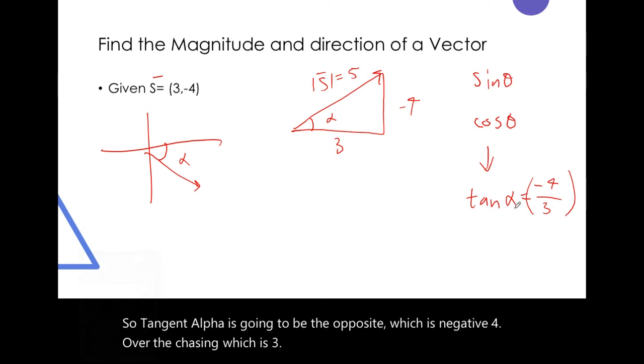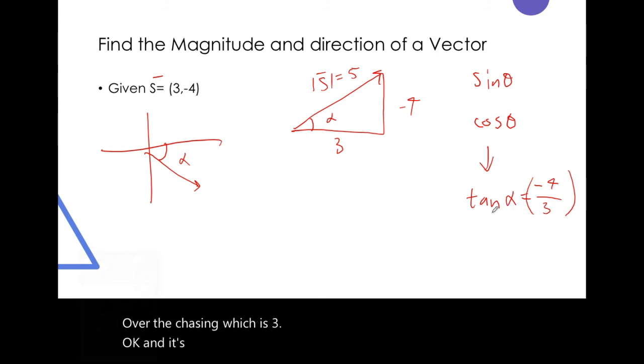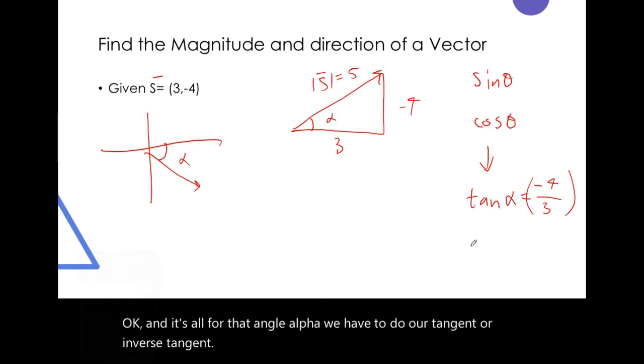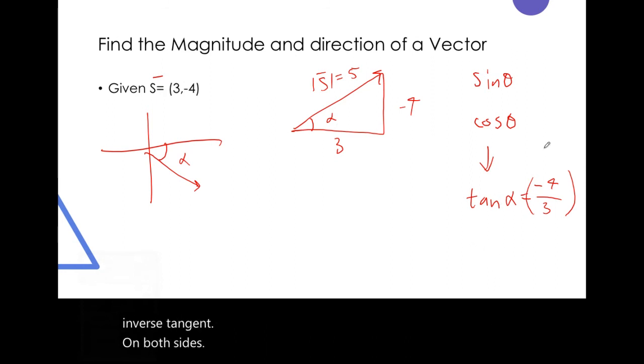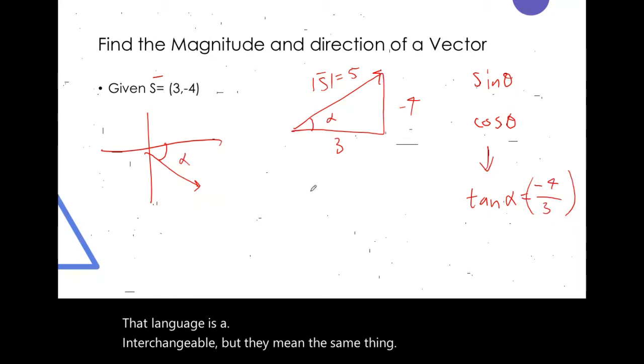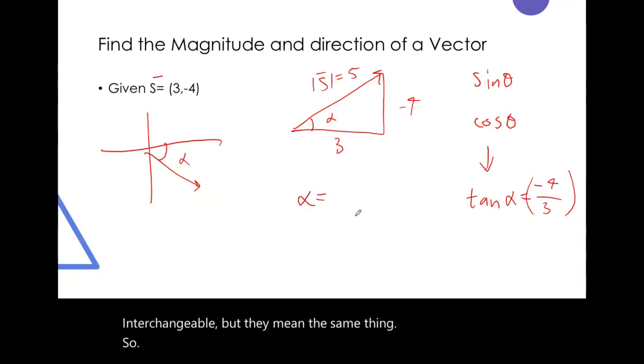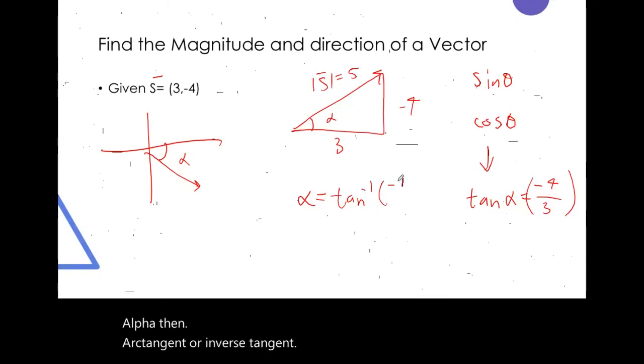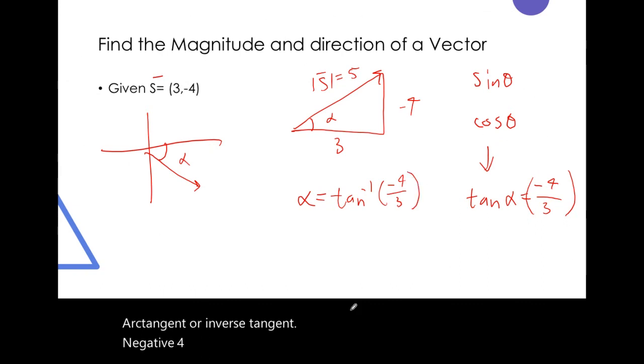To solve for that angle alpha, we have to do arctangent or inverse tangent on both sides. Arctangent, inverse tangent, that language is interchangeable, they mean the same thing. So alpha is arctangent of -4 over 3.